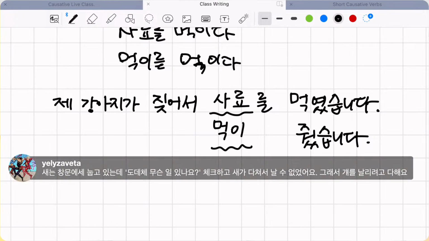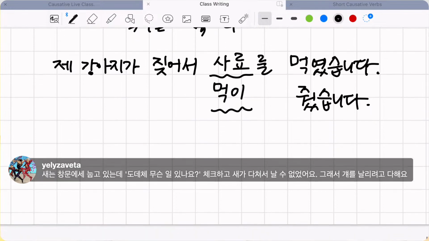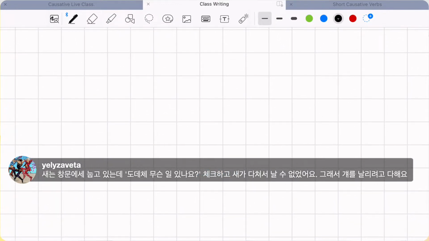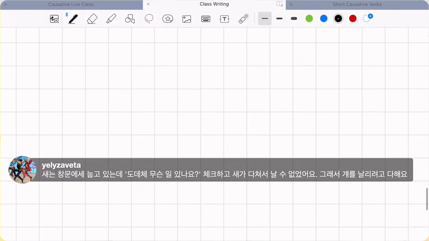그리고 예리님, 새는 창문에 누워 있는데 도대체 무슨 일 있나요? 체크하고 새가 다쳐서 날 수 없었어요. Okay, I get what you're trying to say, 예리님. 여기서, so I think you are meaning to say a bird is lying on the window or in front of the window, and you wanted to check what on earth has happened, and it turns out the bird got hurt and it couldn't fly.